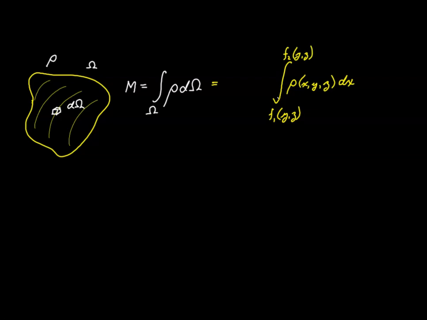All right, when we finish with that operation, then we'll integrate that result with respect to the next variable, dy, and we'll integrate it from the limits of g1 to g2, and this time these limits are functions of the one remaining variable, which is z.